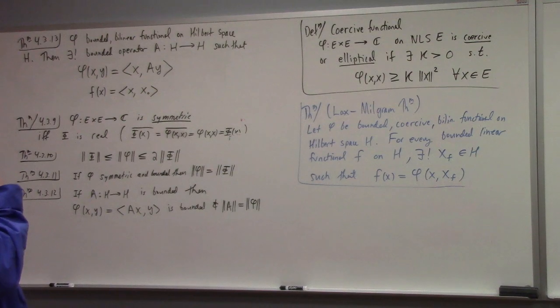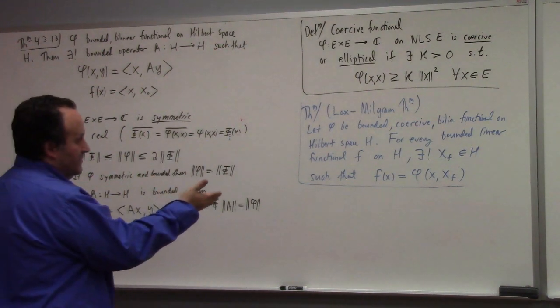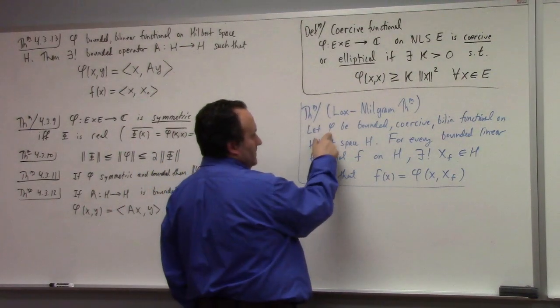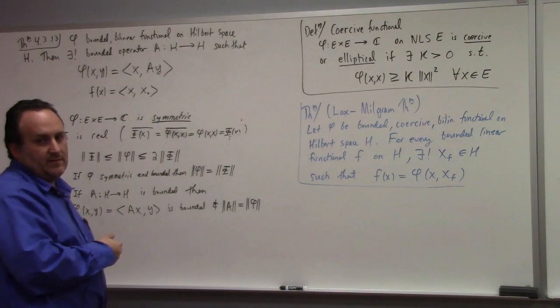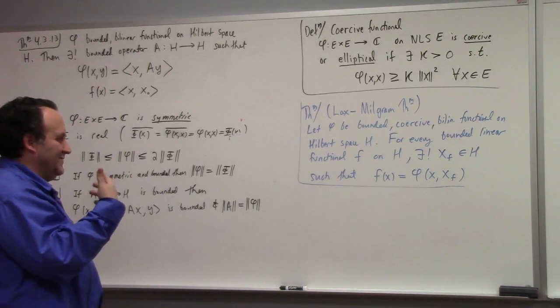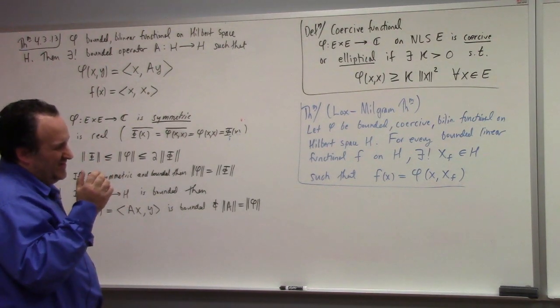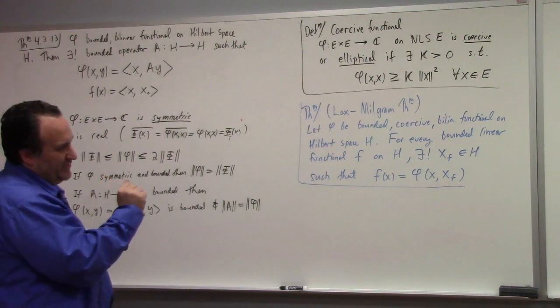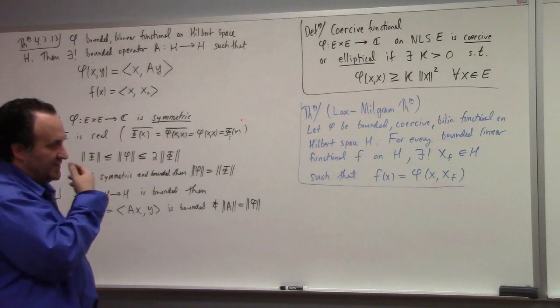So, is this true? I think this becomes the Riesz representation theorem. This is the Riesz representation theorem when you take the case that this is the inner product. So what this is in some sense saying is that if you've got a bounded coercive bilinear functional in a Hilbert space H, it behaves like an inner product, at least with regard to the Riesz representation theorem.